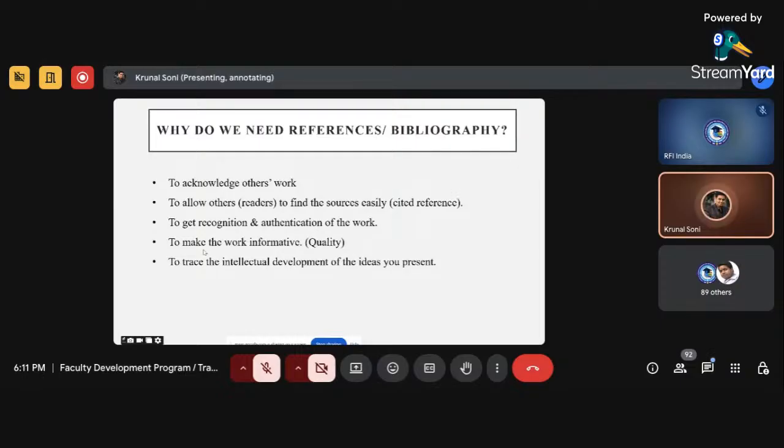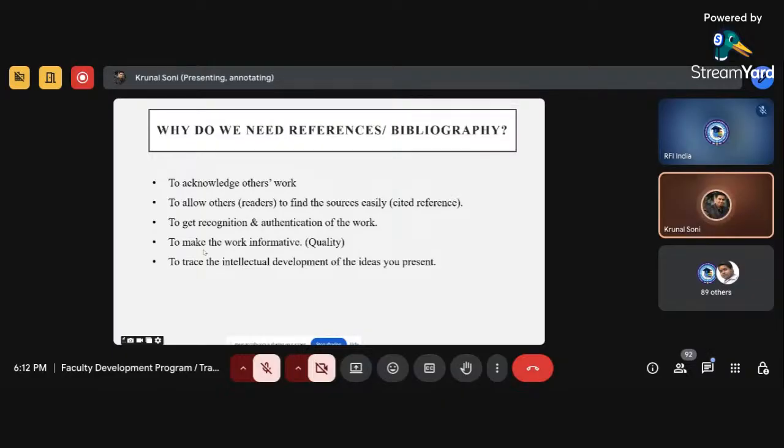To make the work informative in terms of quality, that means something unique, as I already mentioned, we are not inventing something, but we are making research on different equations, formations, and coming up with some new combinations in the market. That is how we should prove our research to be qualitative.